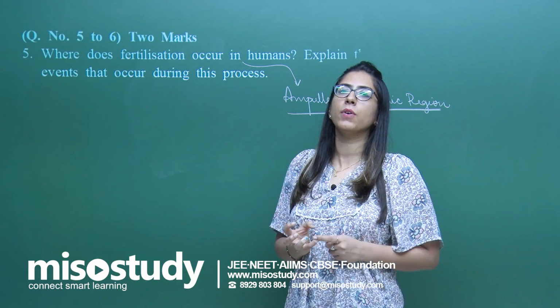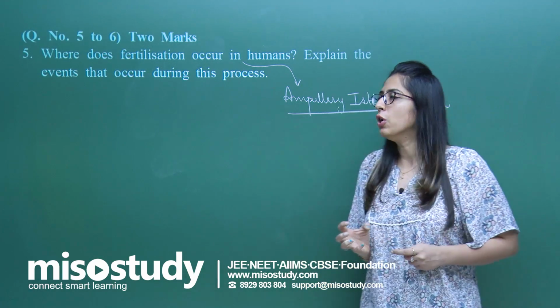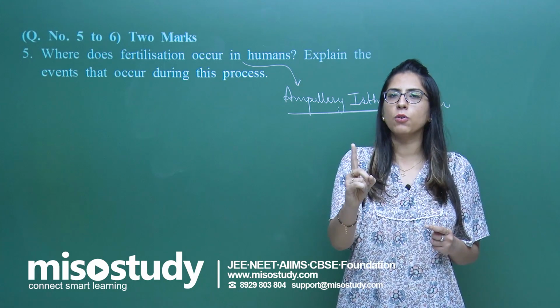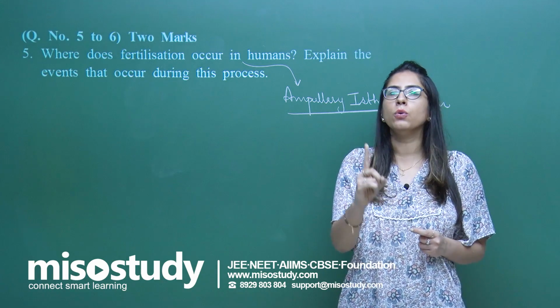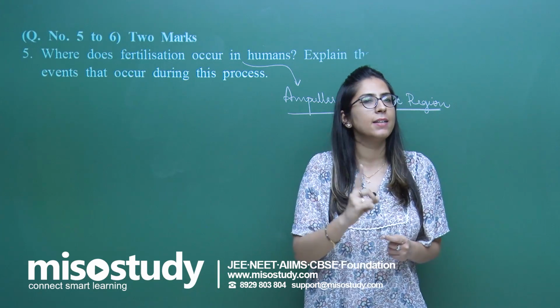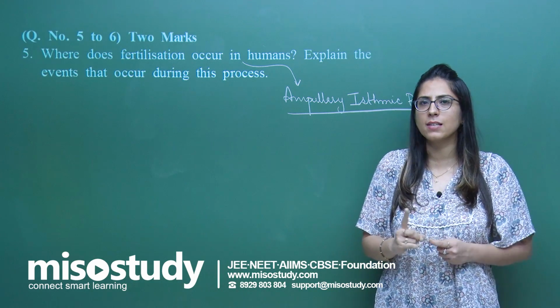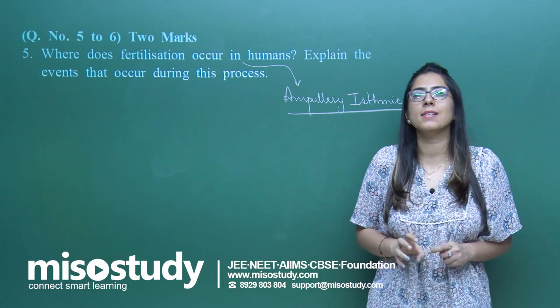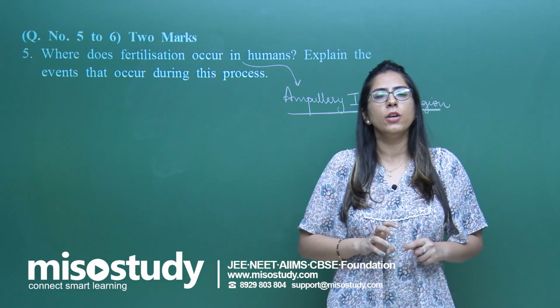There is a place where implantation happens. So you have to explain each and every step, starting from the copulation or coitus to the insemination process. That is, the penis of the male releases the sperm along with the whole secretion called semen into the human female.